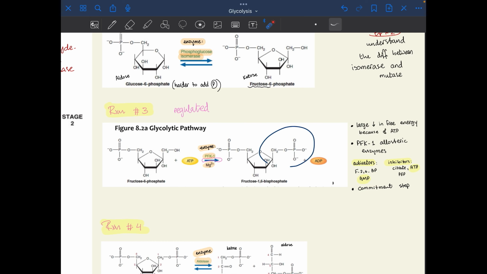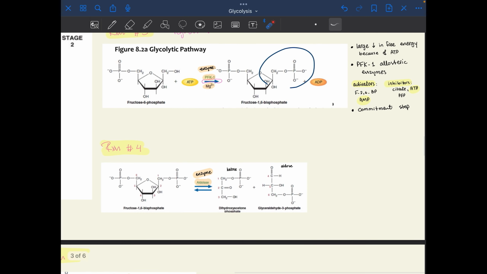AMP is an indicator of low energy. So when the cell needs energy, it will activate phosphofructokinase 1 to do glycolysis, which will produce energy, right? And inhibitors, one of them is ATP. Basically, when the cell has a lot of ATP, why would we need glycolysis?